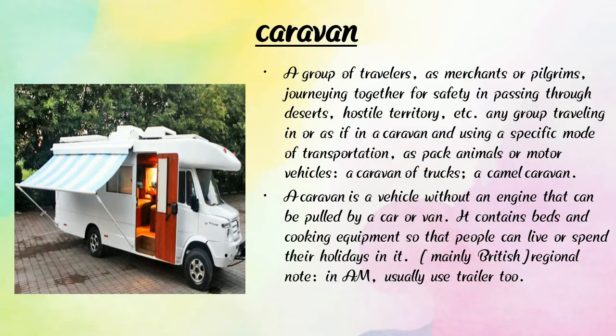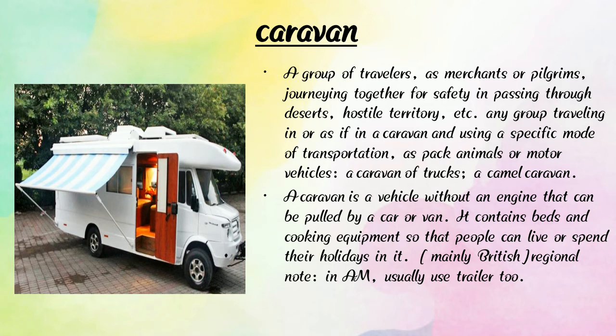Now we are going to learn about the caravan. A caravan is a small house on wheels. Some people keep moving from one place to another place for various reasons, so they make a temporary house that can be moved from one place to another.